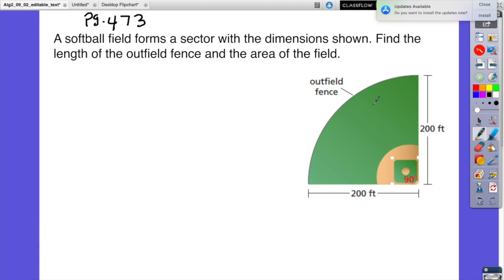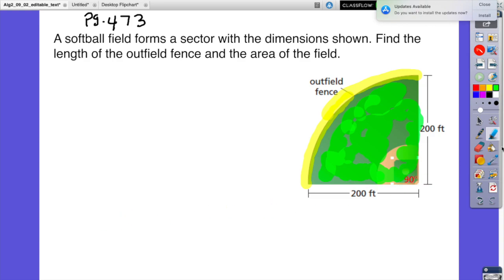Okay, so what they're looking for is they want you to find the length of the fence. So I'm going to highlight it here for you. They want to find this portion right here. Okay, and then they want you to also find the area of the field. I'll highlight it here in green. Okay, so this is the sector area that's all inside here.